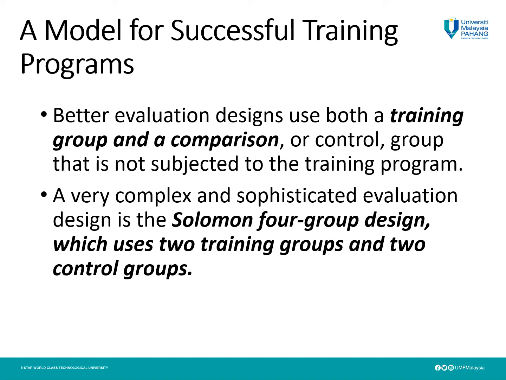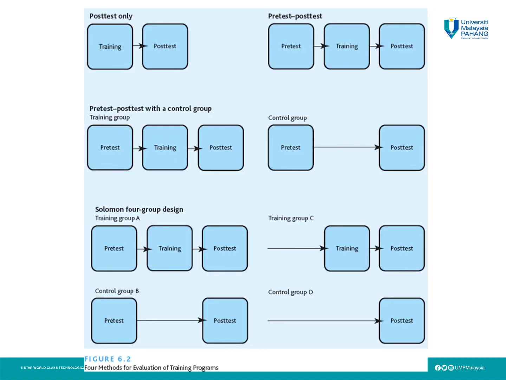This picture is the compilation of the 4 methods for evaluation of a training program that we have learned and I have explained before. You can see here the differences between post-test only, pre-test post-test, pre-test post-test with a control group, and Solomon 4 group design.